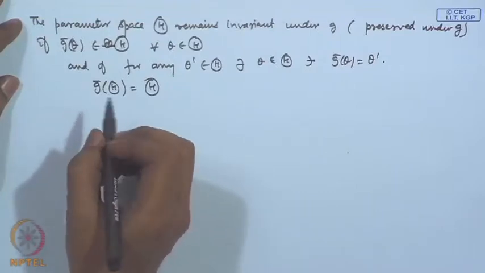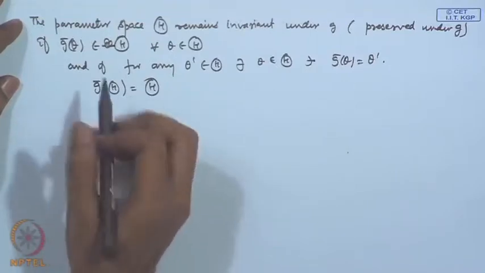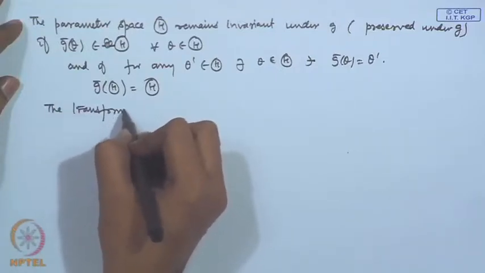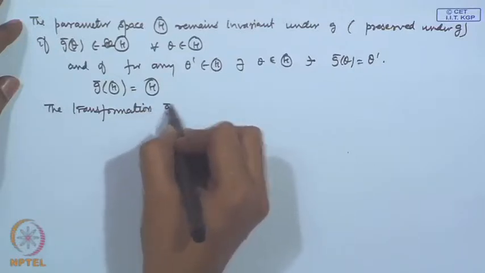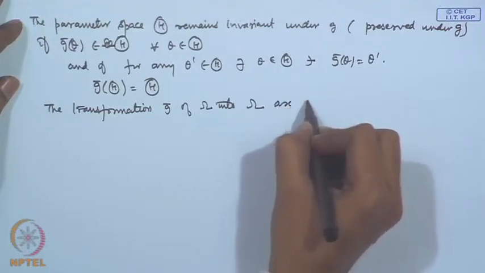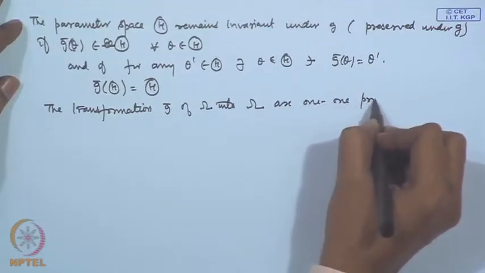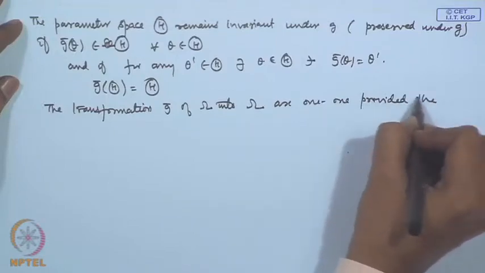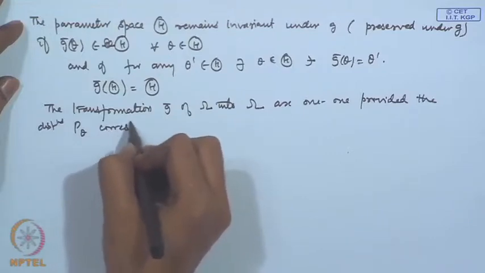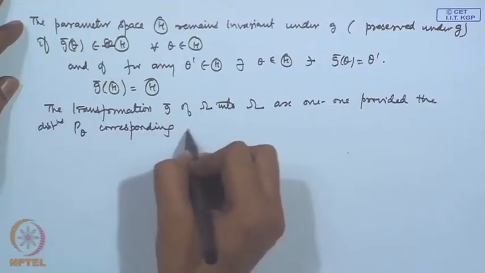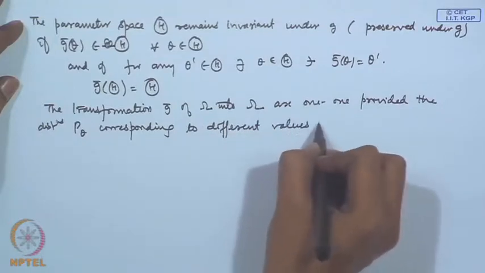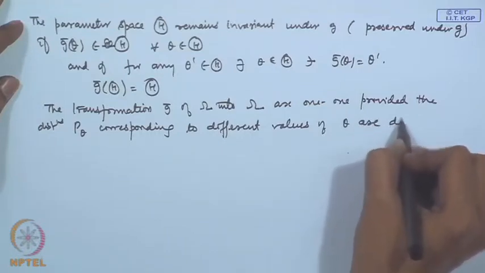And the transformations G bar of omega into omega are 1:1 provided the distributions p theta corresponding to different values of theta are distinct.